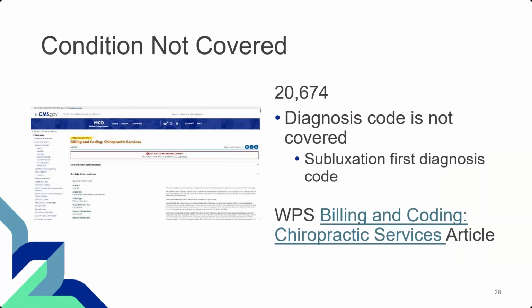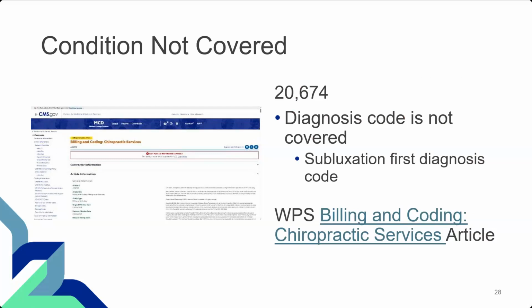So unlike not covered, which is another form of that, this is just another denial for the same thing. This one is actually a diagnosis driven one. So when we're looking at it, the subluxation is not the first diagnosis code. That's actually specified within that article that I showed you. So I do want to make sure you go back to that article and read that. If that happens, then this condition not covered comes up.